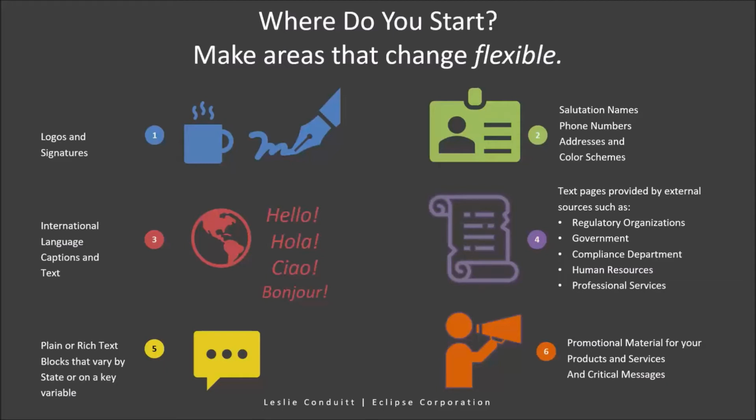And then that information, rather than having a letter, and I'll often see this, a letter for Illinois and another letter for Wisconsin, rather than having multiple documents for every state-to-state change, have that variable information, like the body of the letter, be external, and then that can be changed by the content owner, and then it's immediately available, and IT doesn't touch them.